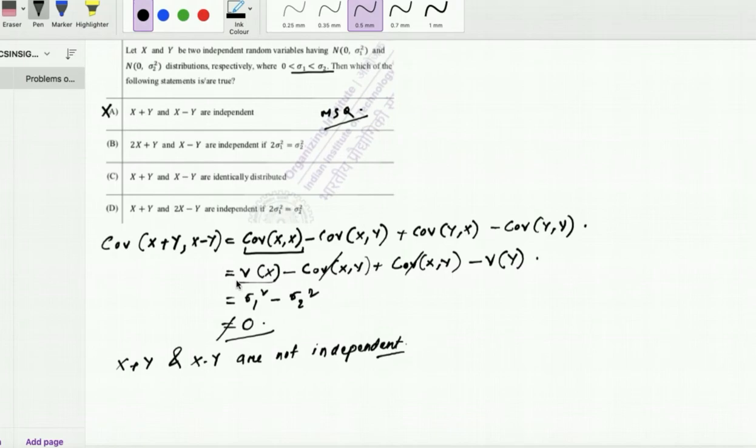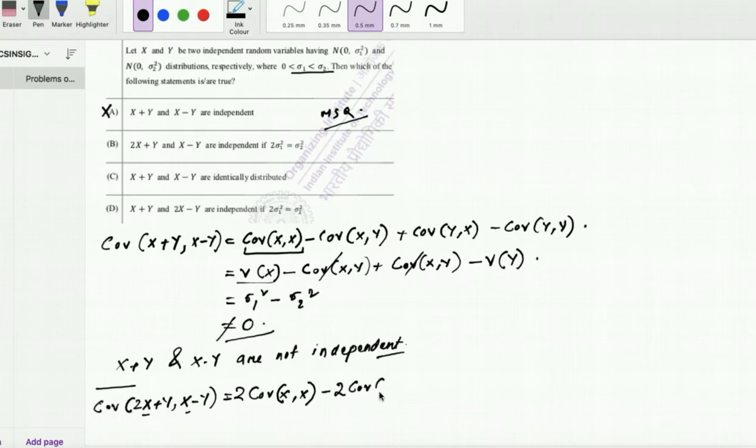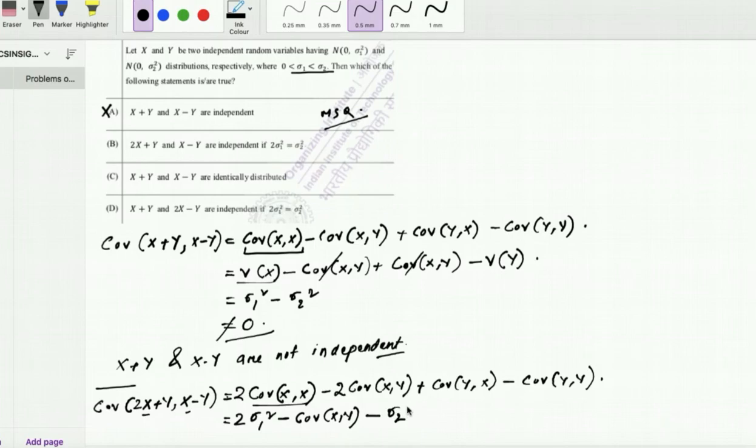Now for number B, covariance of twice X plus Y, X minus Y. We can write, the constant goes out, covariance of X and X minus, the constant goes out, covariance of XY plus covariance of YX minus covariance of Y and Y. Now as we know, this is the variance of X, so sigma 1 square, minus covariance of XY, one covariance gets deducted, minus sigma 2 square.